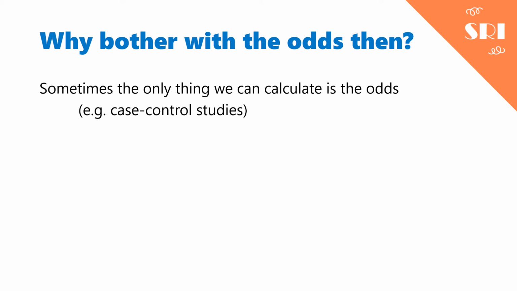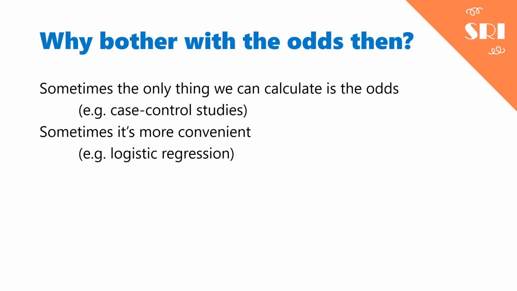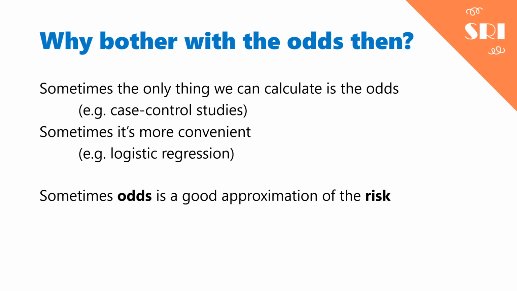It does not really represent their distribution in the population, and therefore we cannot calculate the risk, but we can calculate the odds. Sometimes it's more convenient, such as in logistic regression, where it's more convenient to calculate the odds than the risk.